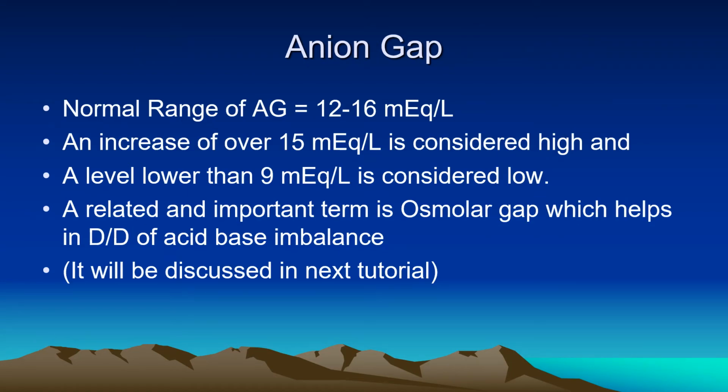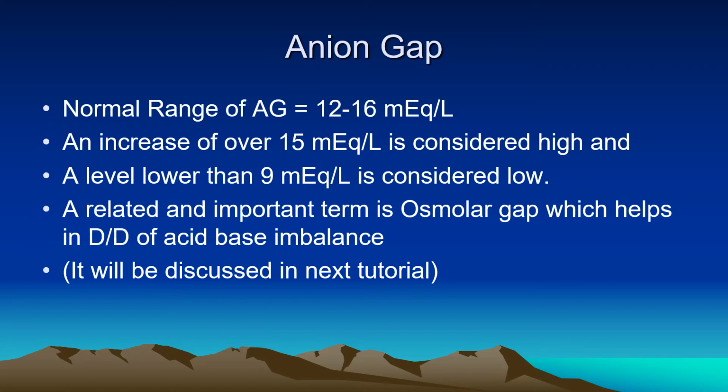The normal range of anion gap is 12 to 16, and if you do not include potassium, the value will correspondingly be reduced. An increase of over 15 milliequivalents per liter is always considered high, and a level less than 9 milliequivalents per liter is considered low.